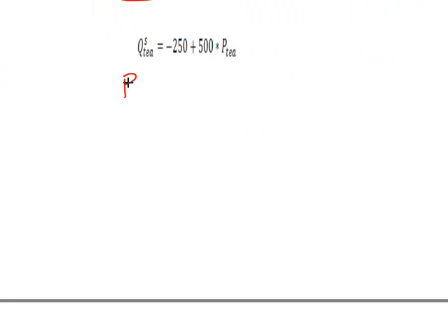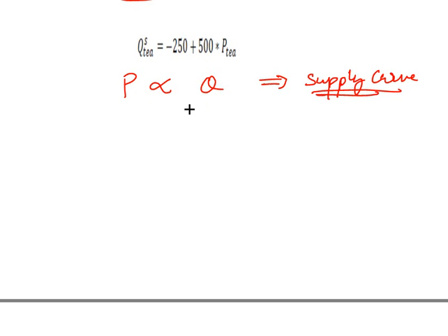I want to know how the price depends on the quantity so that I can draw the curve. This is known as the supply curve. Please note that the supply curve is price as a function of quantity.